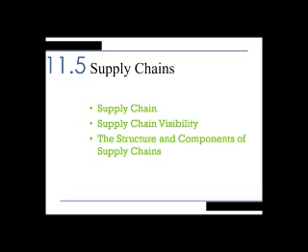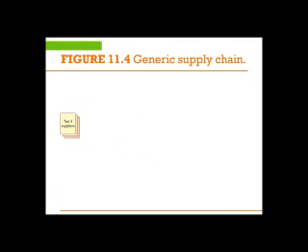Okay, that's CRM. I can't stress how important it is to have a good relationship with customers. But let's switch now to supply chains. So here's a generic supply chain. We start with a tier 1 supplier, and let's say we're an automobile manufacturer. Tier 1 suppliers produce basic things such as glass, plastic, and rubber.